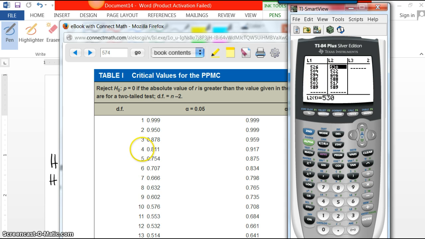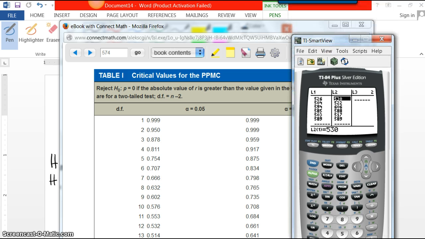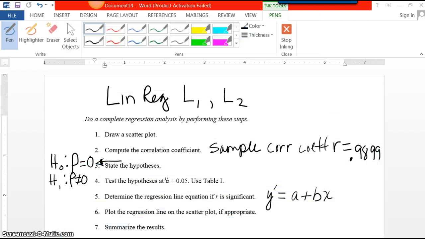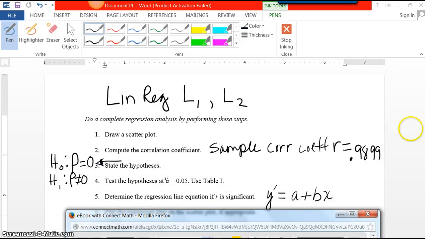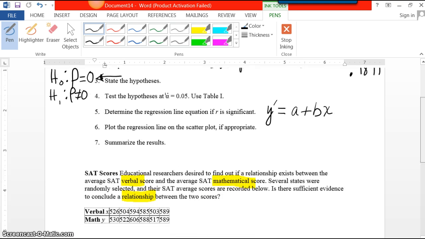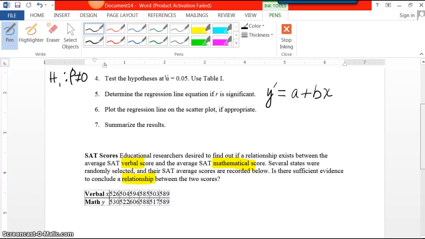So the degrees of freedom are going to be 4. And also, we were using an alpha of 0.1, if I remember right, on this problem. So let me just double check that. Oh no, we're using an alpha of 0.5.